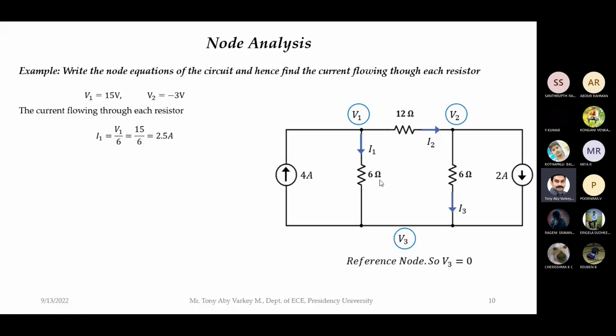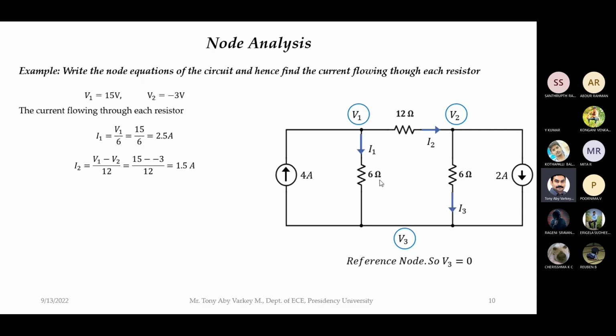Can you quickly calculate? What is the equation for I2? 18 by 12. Correct. 18 by 12, 3 by 2, that is 1.5 ampere.